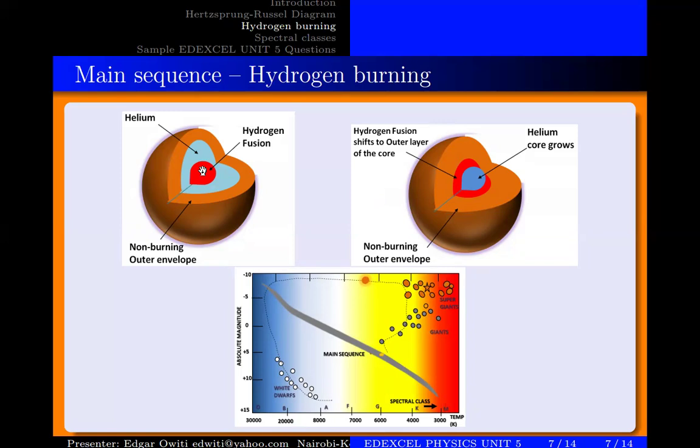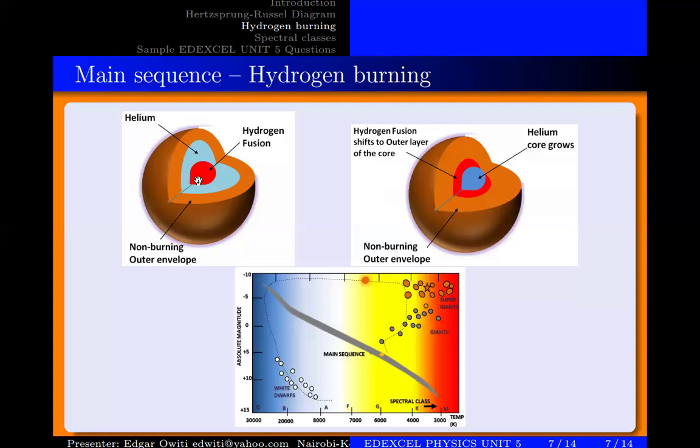Hydrogen burning involves the production of helium gas. The helium gas is the blue part which surrounds the core, and the helium gas is heavier than hydrogen gas. So after several years, we have the mass of helium growing and beginning to fuse towards the center.